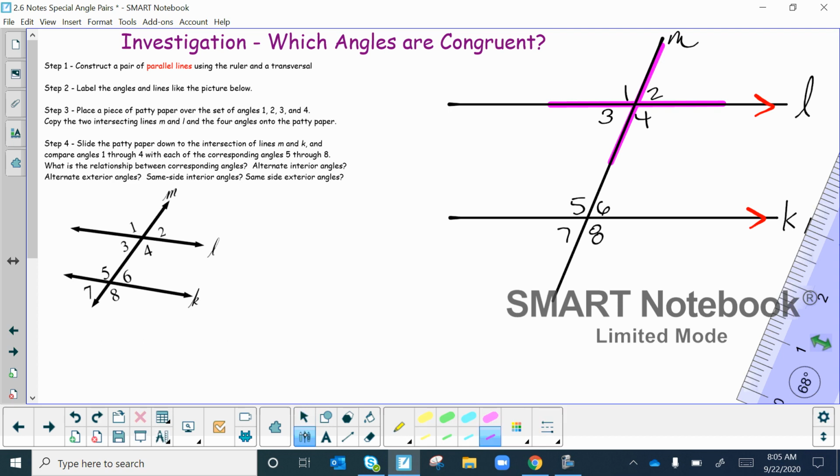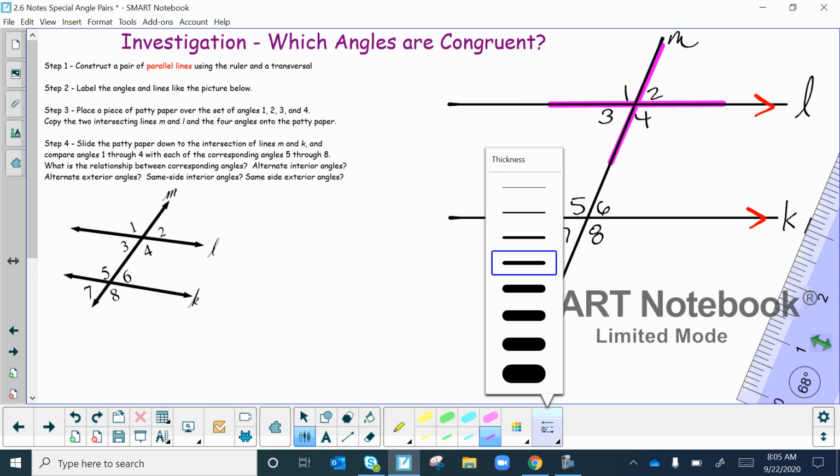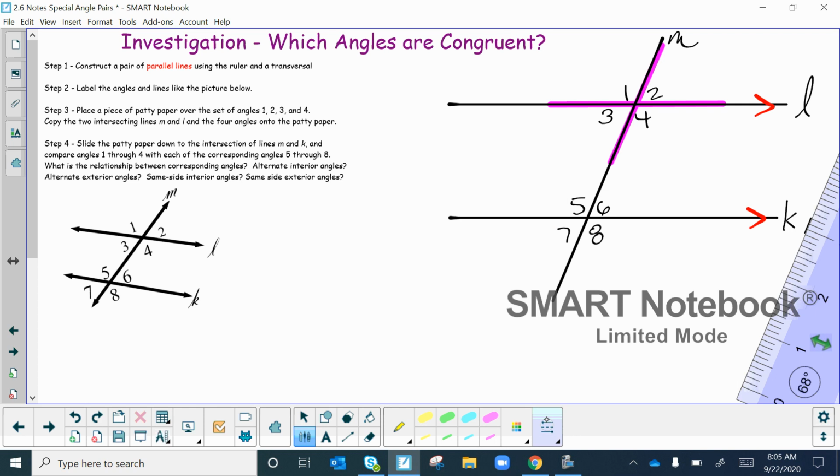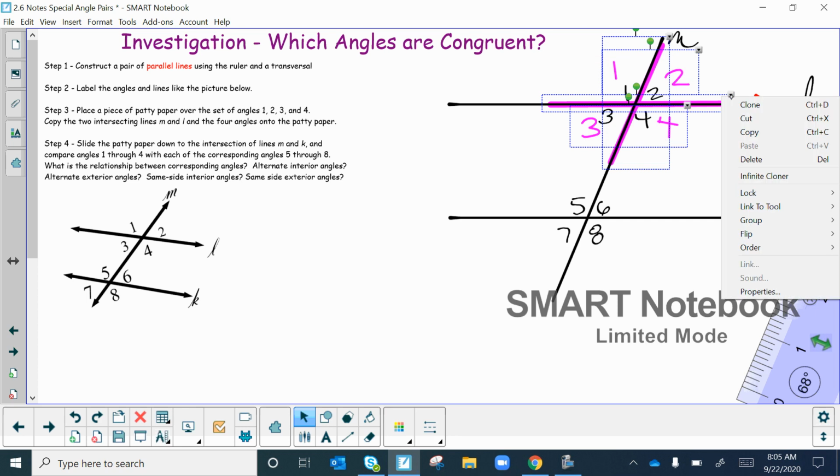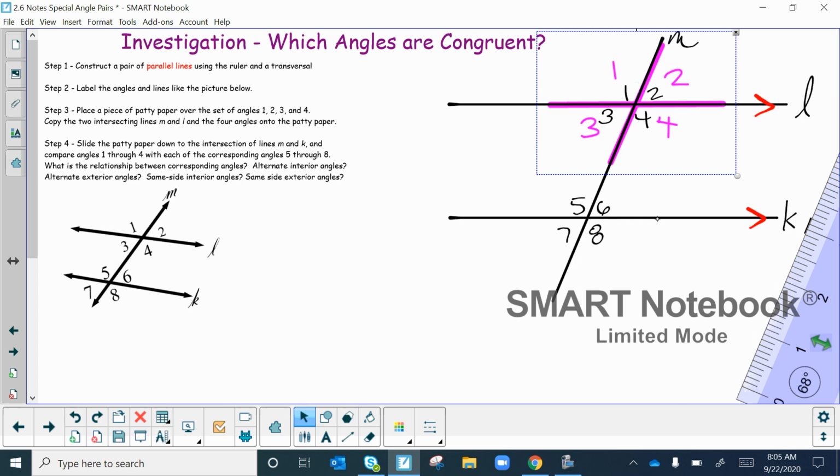So remember, this is angle 1, angle 2, angle 3, and angle 4. Okay, now I'm going to group these together. Those are grouped together, and it says slide the patty paper down.